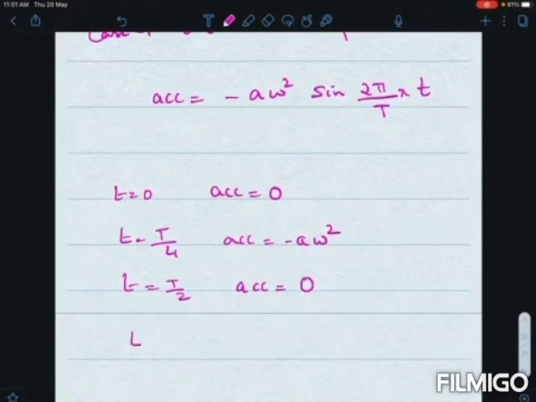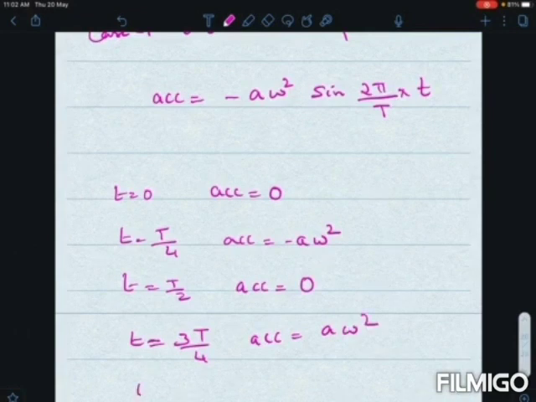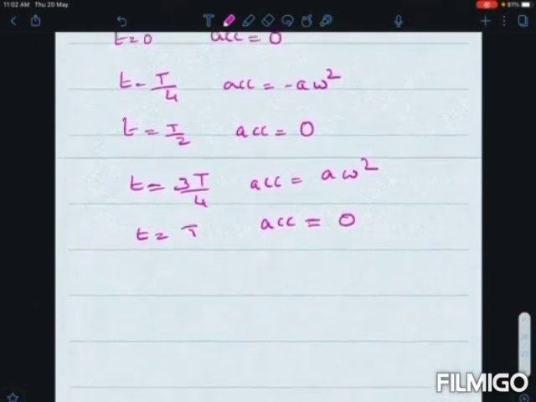Again t is equal to 3/4 of the period, so 3T by 4. Acceleration will be sine 3 pi by 2, that is minus 1. So minus and minus gets positive, it becomes A omega square. Again at t is equal to T, the full period, acceleration will be sine 2 pi, that means it is equal to 0.